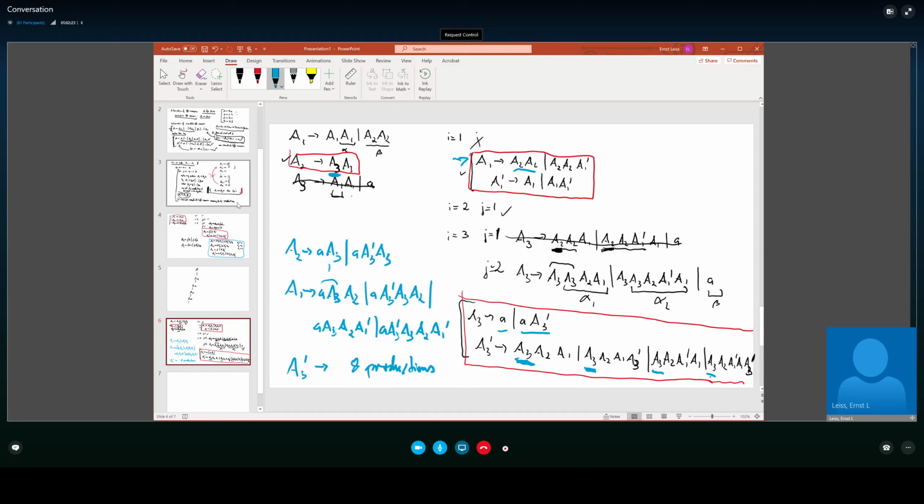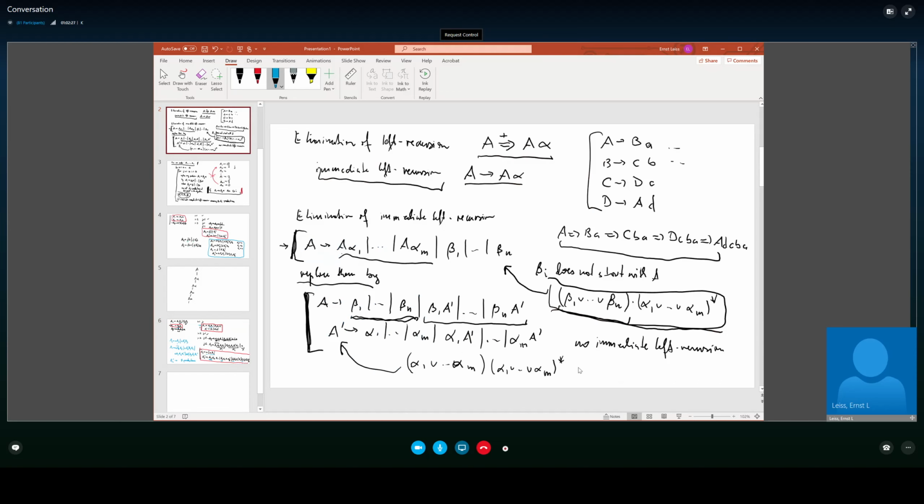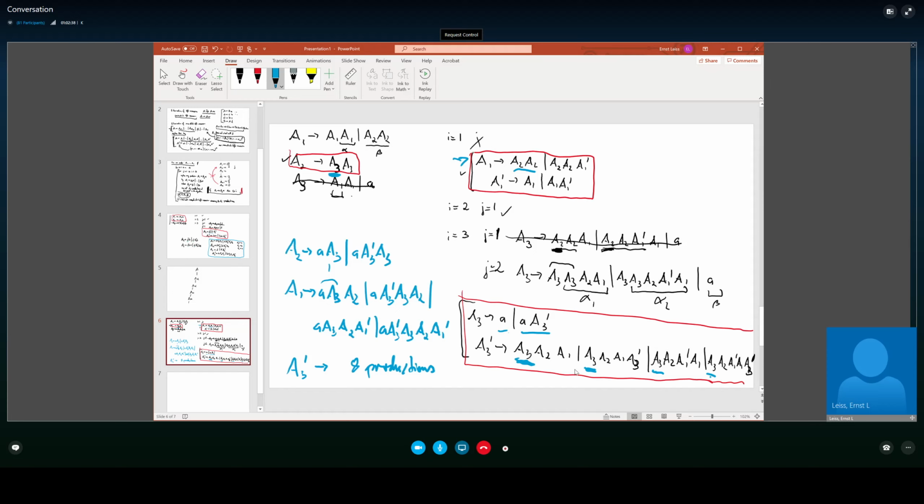So this is the prime variable. There we go. So alpha 1 and alpha 1 A prime, alpha 2 and alpha 2 A prime. Okay, and so that's what we have here. The alpha 1 is this, the alpha 1 followed by A3 prime is this, the alpha 2 is this, the alpha 2 followed by A3 prime is this.